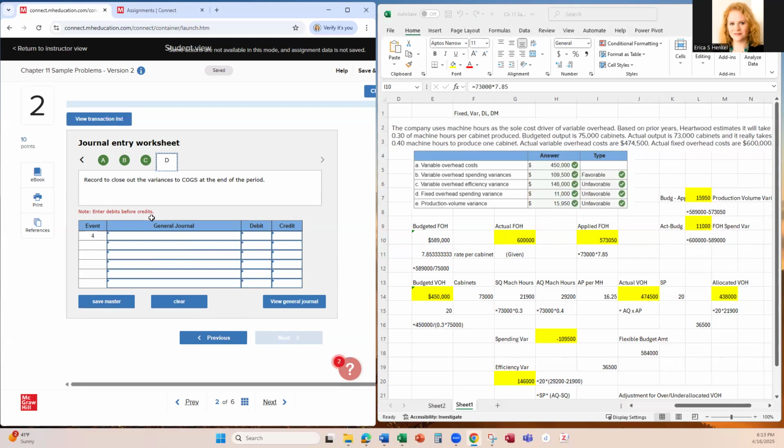We'll save that. For our last entry, just like before, we're going to be zeroing out these two.